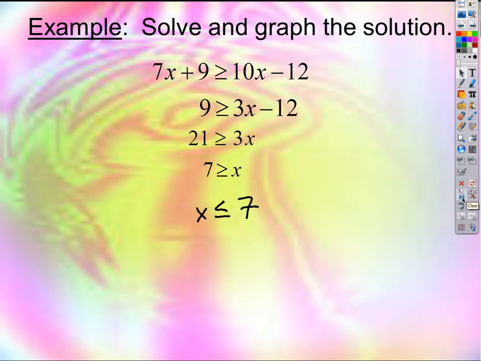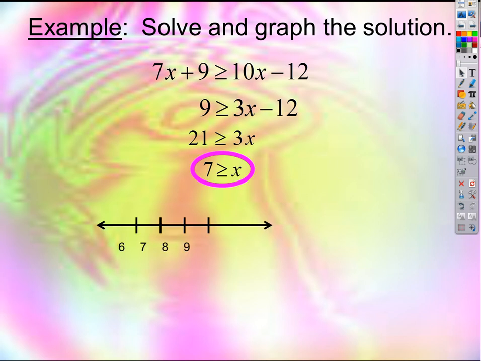What if I want to graph that? What am I going to do to graph that? Two steps. First step is what? Okay, open or closed? Closed. How come? Good, because we're including the endpoint, the equal sign, right?